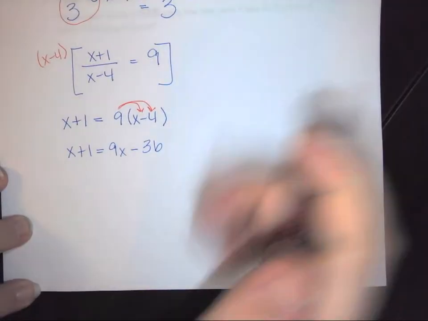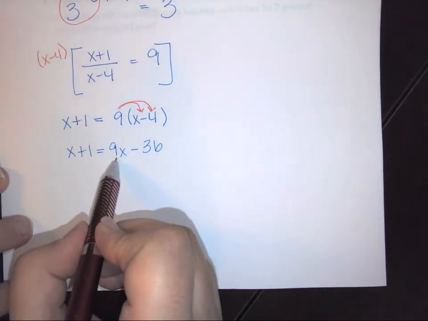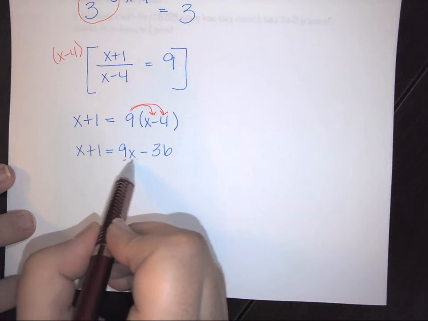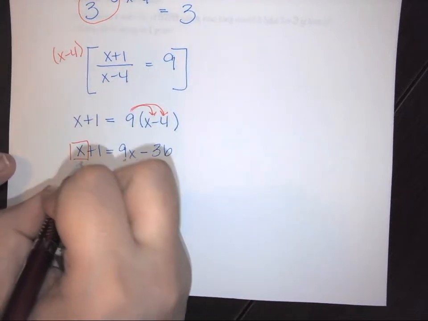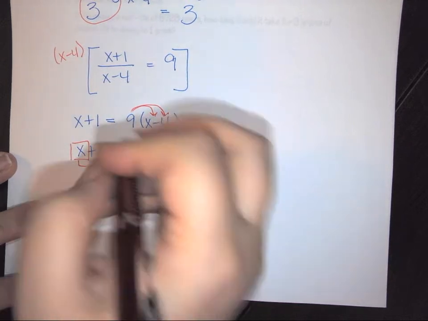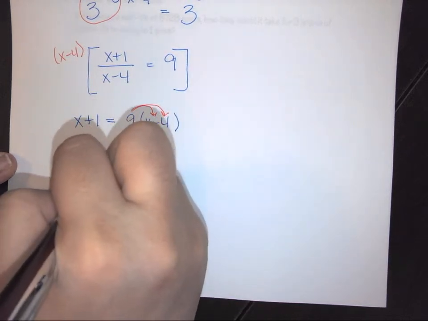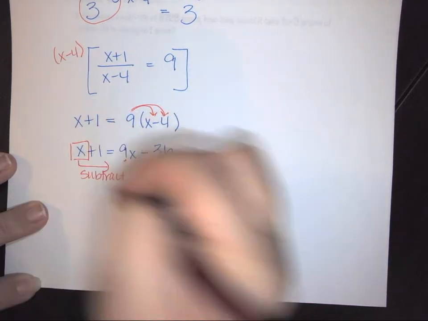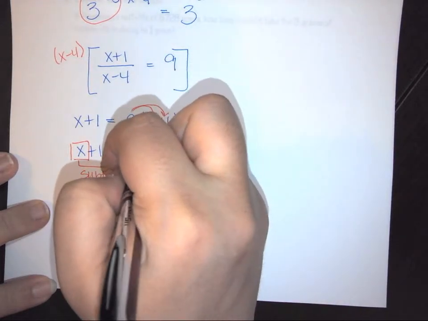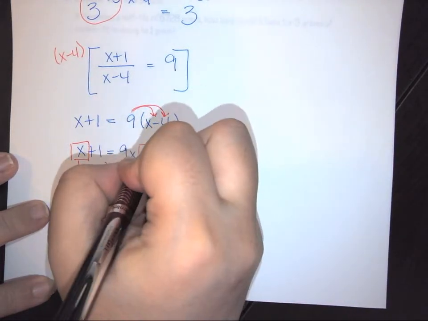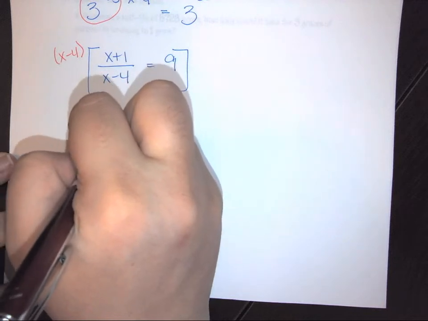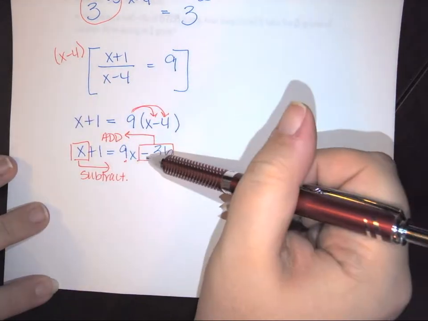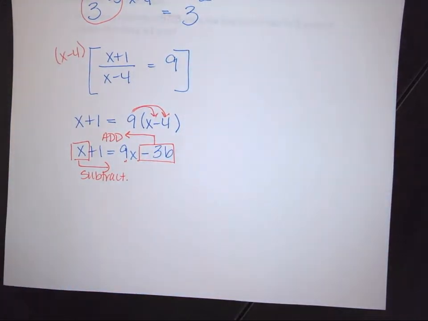Because I have a bigger x value on this side, I would take this x and move it this direction through subtraction, which means I need to take this 36 and move it in the opposite direction through addition, and I move it through addition because it's negative.